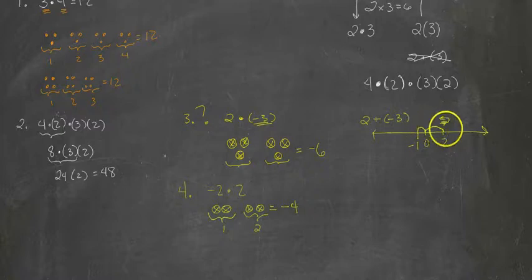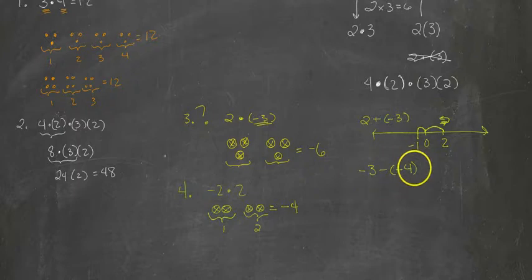Notice I did that a little bit different. Instead of actually bouncing 2 times to 0, now that we've practiced that a bit, we're going to change it up. So let's do another one. -3 minus -4. Right? So this is all adding and subtracting. There's no multiplication here. So that means it's all on the number line. Start at 0.